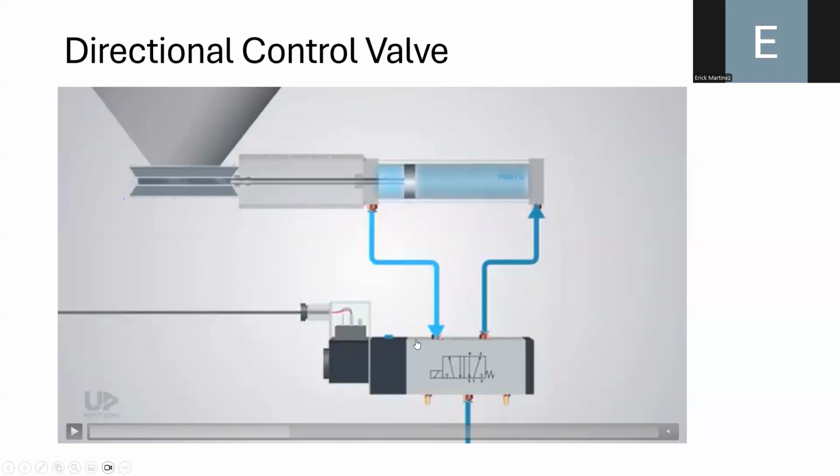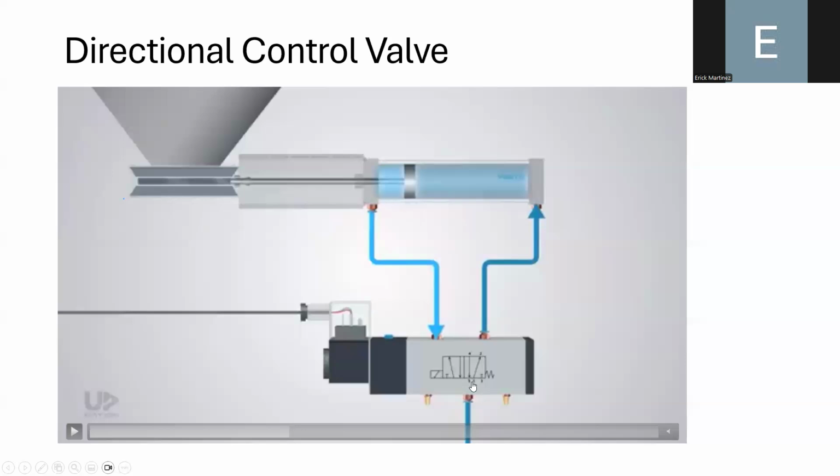So that is one of the main applications related to directional control valves, because we can control the extension or retraction of a piston that is controlling the aperture of this hole, and based on that, we can control this process.